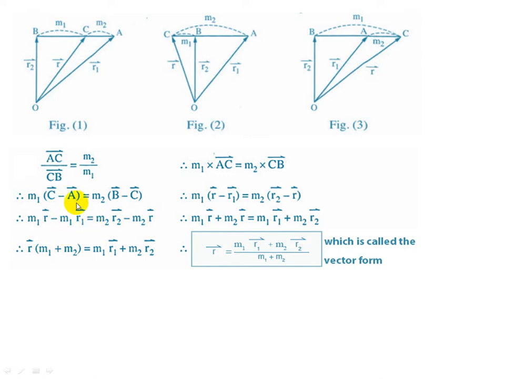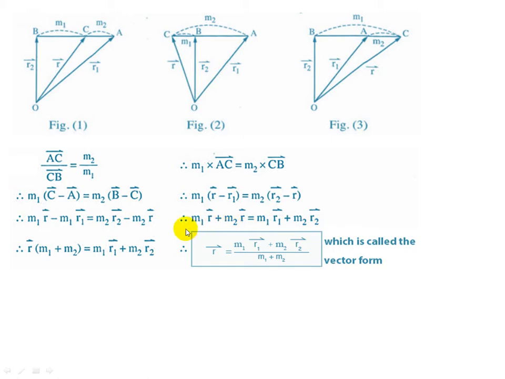Moving m1 vector R1 to the right hand side using the other sign, and moving m2 vector R to the left hand side using the other sign, you will find that m1 vector R plus m2 vector R equals m1 vector R1 plus m2 vector R2.